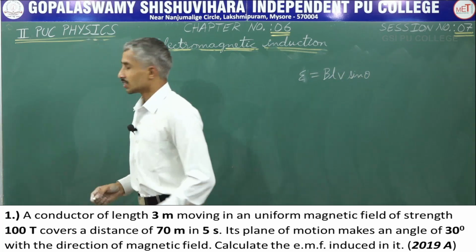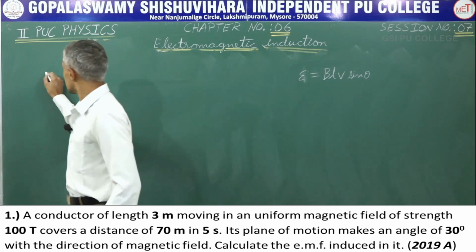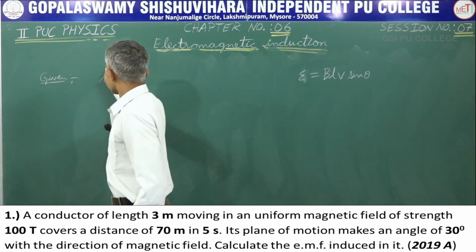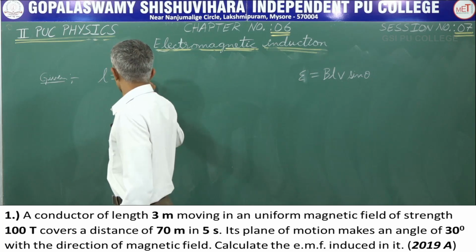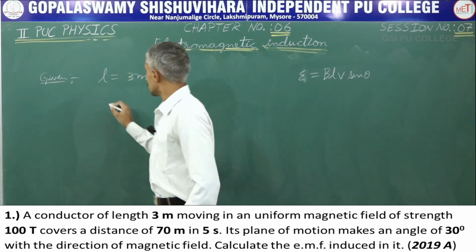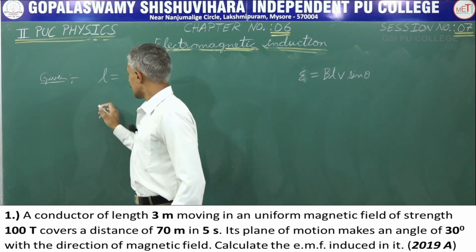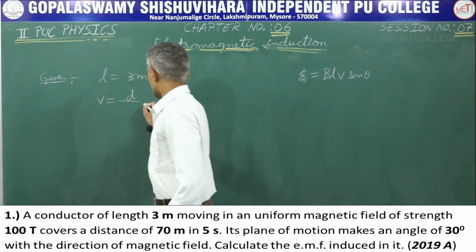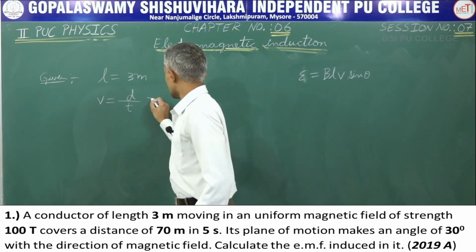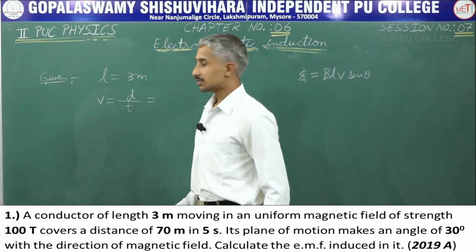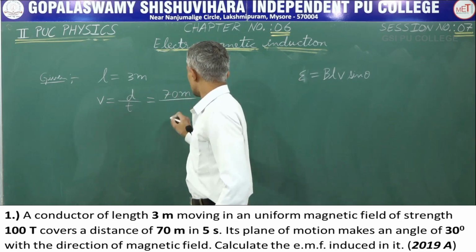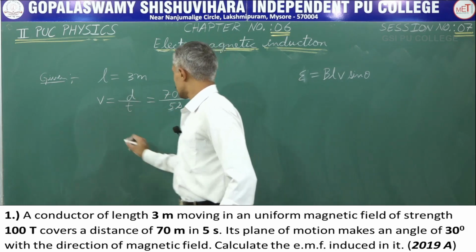So let us solve. Let us note down the data given. They have given the length of the conductor, which is 3 meter. They have given the distance travelled and the time taken. So velocity is going to be distance travelled by time taken. The distance travelled is 70 meter and the time taken is 5 seconds.